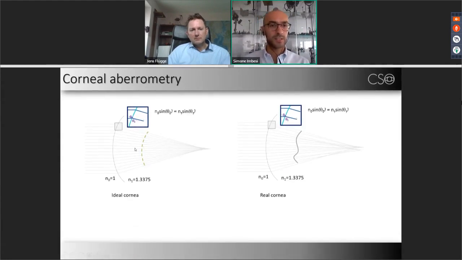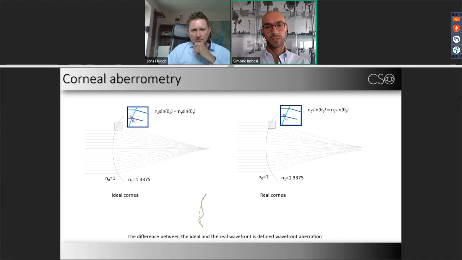As Francesco said, the way to get the aberrometry map is to do a comparison between two wavefronts. The first is the wavefront of an ideal surface. In the case of topography, we have an ideal cornea and a real cornea. The difference between these two wavefronts is defined as corneal wavefront aberration.